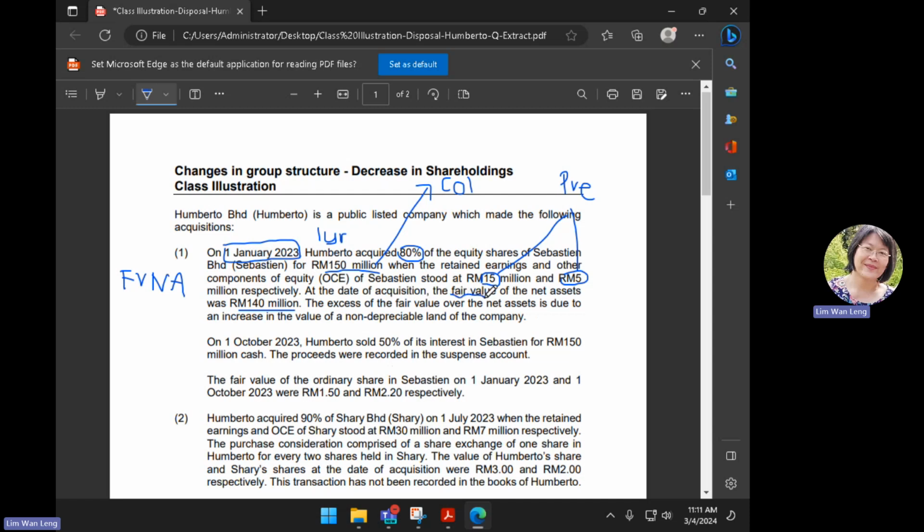Always be careful a little bit. When the question gives you the fair value of the net assets, along with these other figures, it means they expect you to do a reconciliation. Then they tell you any excess thereof must be due to an increase in non-depreciable land. So there is some fair value adjustment upwards with respect to land.